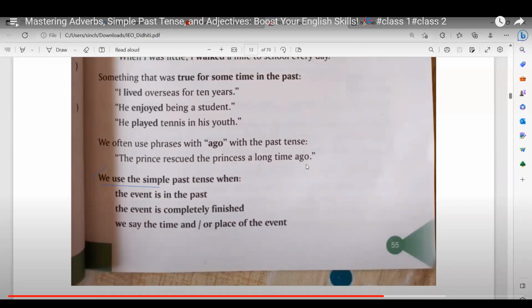Okay, now the next one. Debangshu, can you tell me this one? The event is completely finished. The incident that has already happened in the past and we have put a full stop to it. Can you tell me, Debangshu?